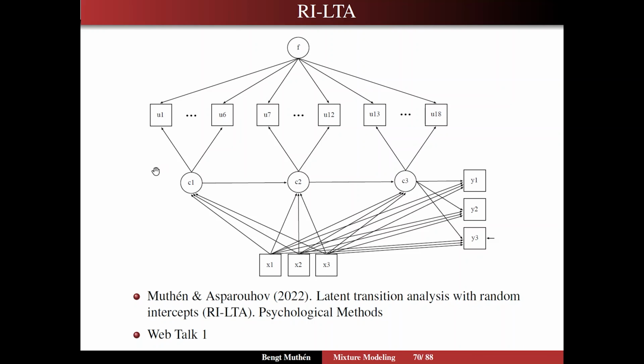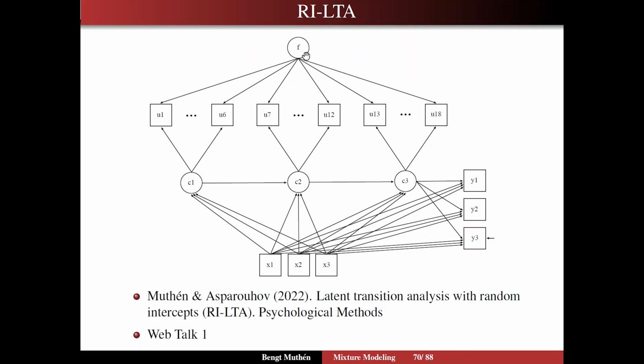So that's similar to random intercept cross-lagged panel modeling, RI-CLPM. The indicators at a certain time point have different loadings on the trait factor, and those loadings are held equal across time. So U1 loading is equal to U7 equal to U13, etc. This means that for each indicator, the correlation due to the trait is constant over time, which is the hallmark of a random intercept factor.